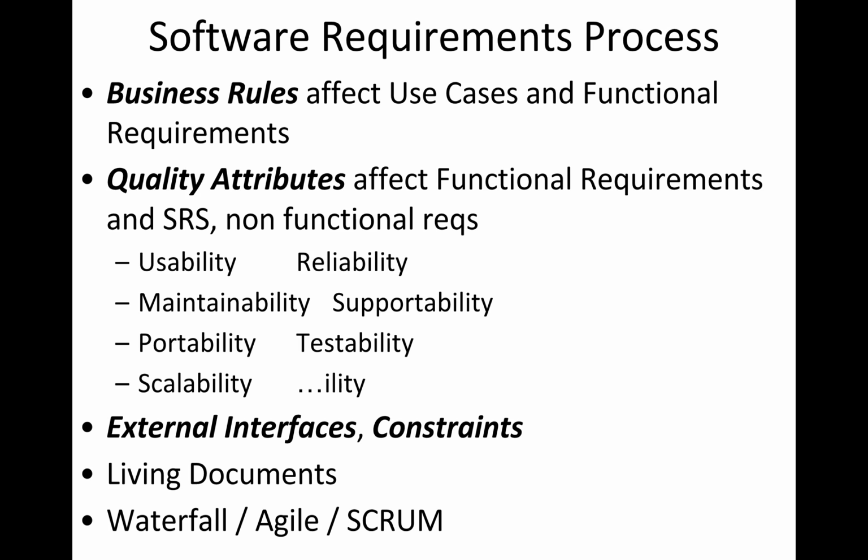And we need to be able to encode certain rules about the business, on certain dates or certain hours that the business operates, certain rules on security, and we capture all those kinds of things as business rules that eventually will be implemented as perhaps constraints on our data model.